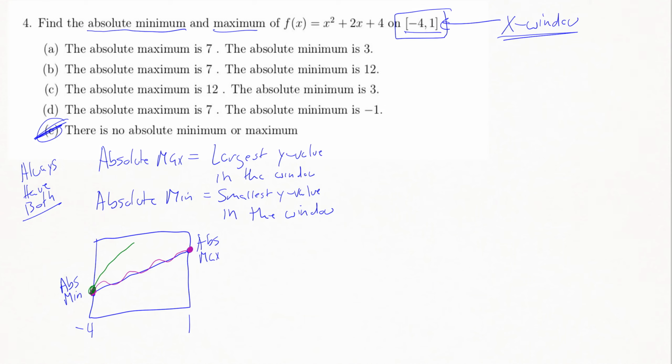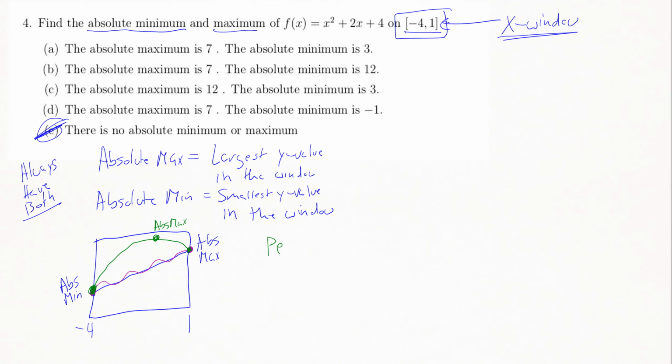I could have a graph that starts here and goes up and then comes back down. In this situation, I would definitely have an absolute max happening up at the top here, but my absolute min would still be happening at that left endpoint. So whenever you're looking at an absolute max min problem, you just have to determine where the largest y value and where the smallest y value are occurring.